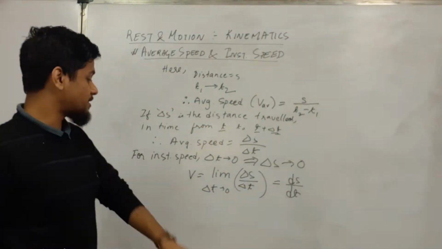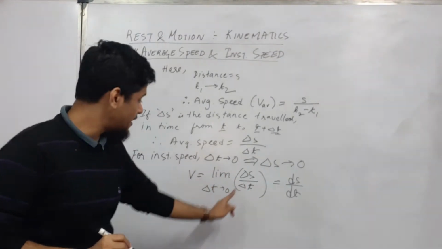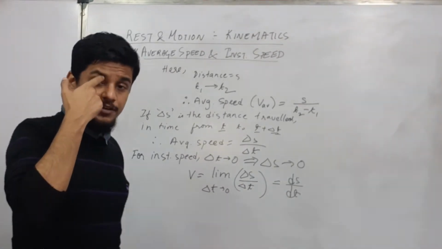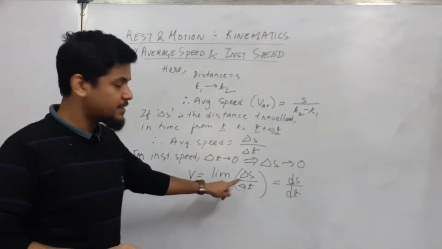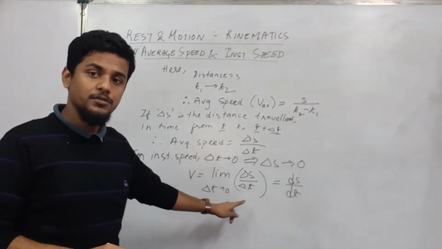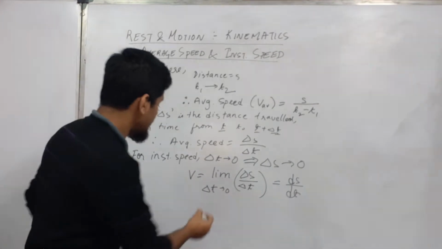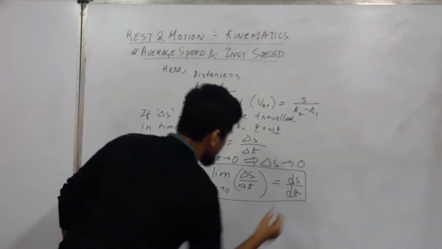Now you need to understand one thing: here delta t is tending to 0 and delta s is also tending to 0. So it looks like a 0 by 0 format, but as you can see, this is a finite ratio and not a 0 by 0 format. So this will be the instantaneous speed.